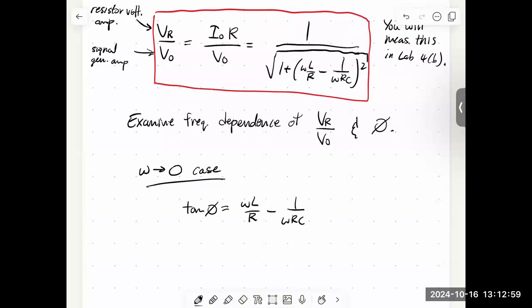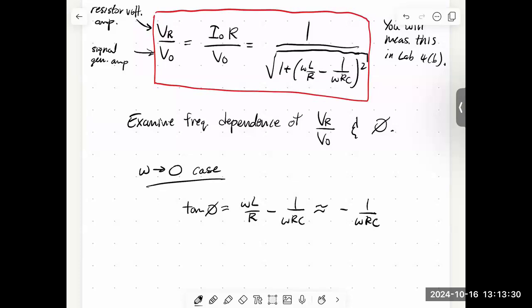Which of these two terms is large at low frequency? The first term or the second term? The second one, right? We're going to be dividing by a small frequency. So this second term is going to become large. And so at sufficiently low frequency, this will be like minus 1 over omega RC. And if we go to really low frequency, this is minus a large number.